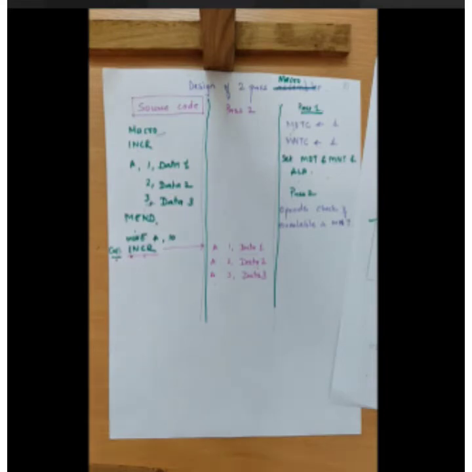If you still have any doubts, please ask, and then further we will see the more complicated example with the arguments. Okay, so this defines pass 1 and pass 2. If you have anything to ask, you can ask. Thank you.